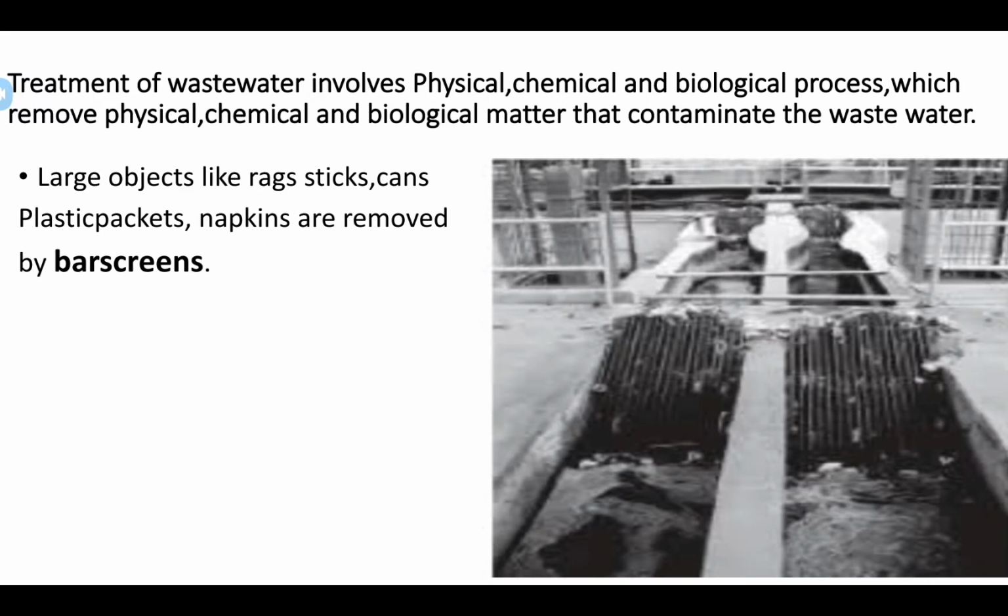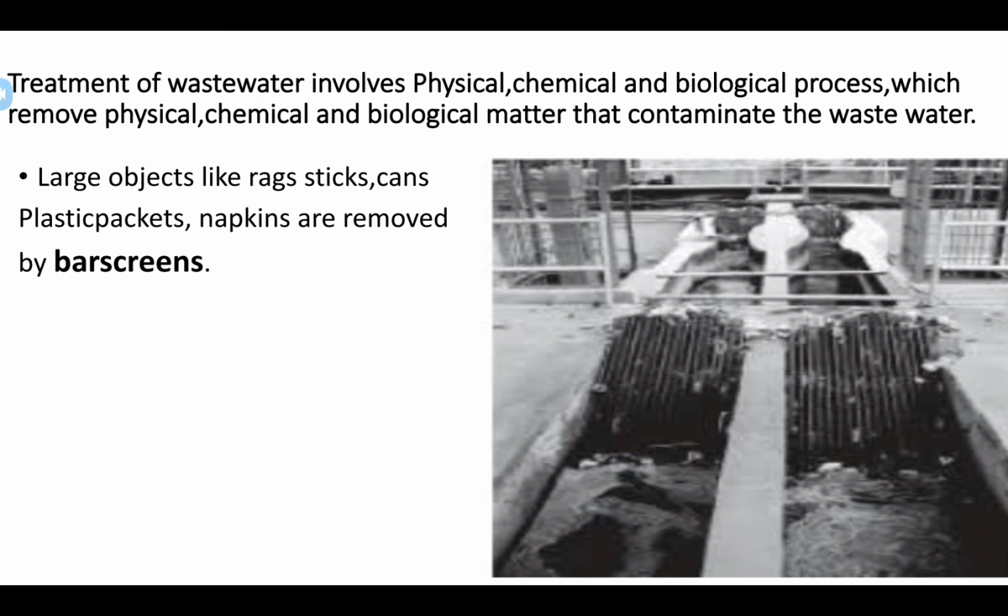Now coming to the wastewater treatment plant, how many processes are involved? Actually physical, chemical and biological processes. You can think about what physical, chemical and biological processes mean. These processes remove physical matter, chemical matter and biological matter that contaminate the wastewater. In the previous class we learned what physical matter is.